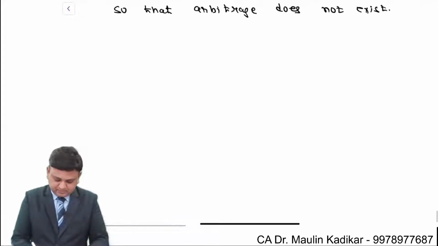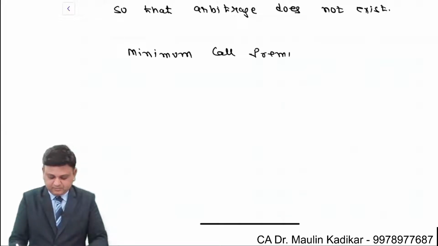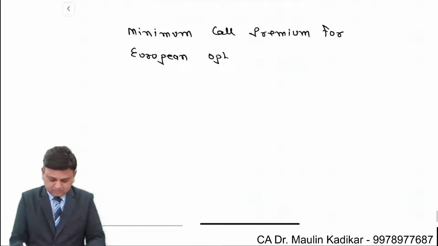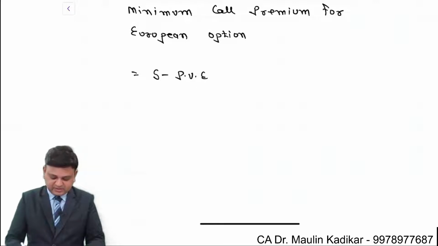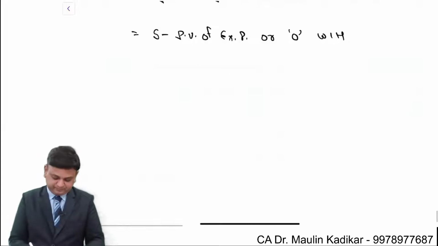Let us answer. Minimum call premium for European option. In that, write down spot minus present value of exercise price, or 0, whichever is higher.